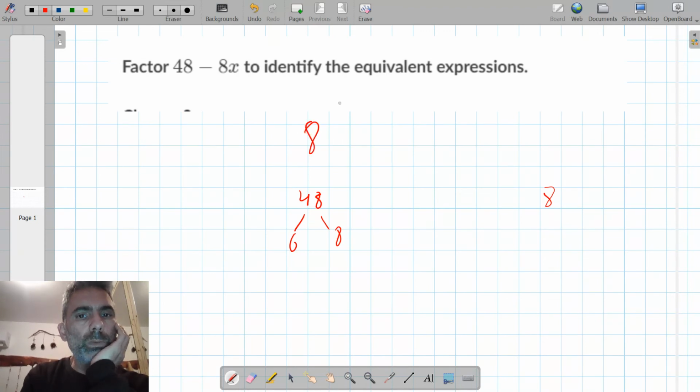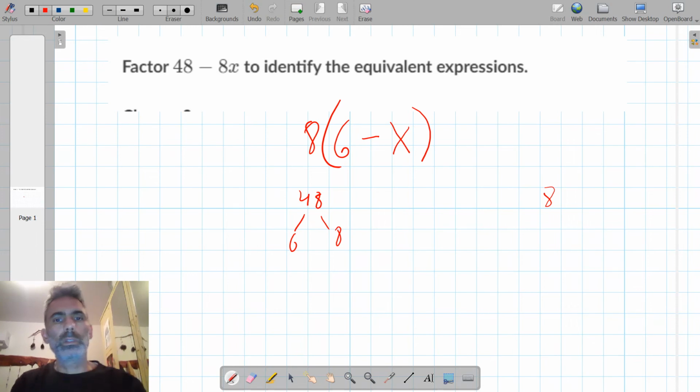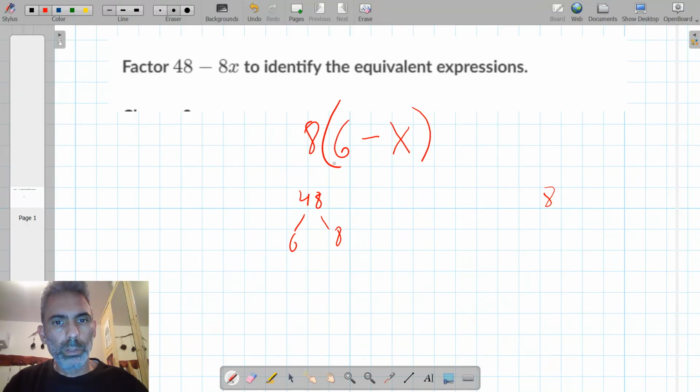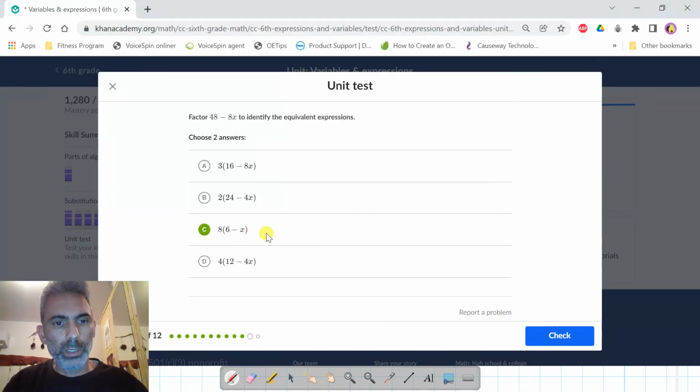Okay, so when we factor out 8, we get 8 times 6 minus x. So this is the factored out expression. Okay, so C is good.